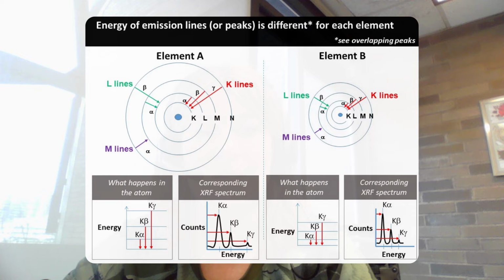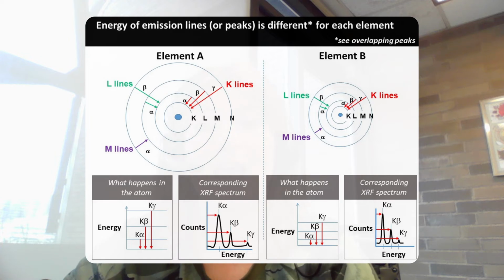K lines result when a vacancy is created in the K orbital. L lines result when a vacancy is created in the L orbital. M lines result when a vacancy is created in the M orbital. Depending on which electron fills the vacancy, the subscripts alpha, beta, and gamma are used to differentiate the different energies.